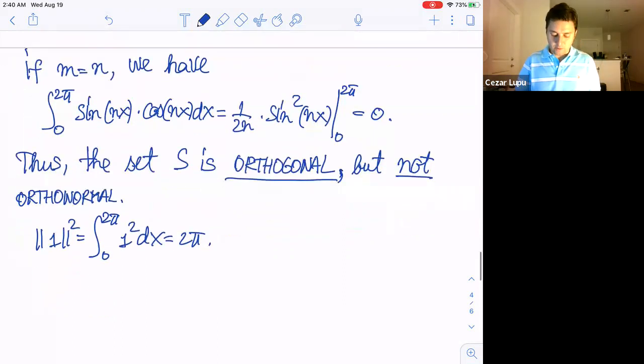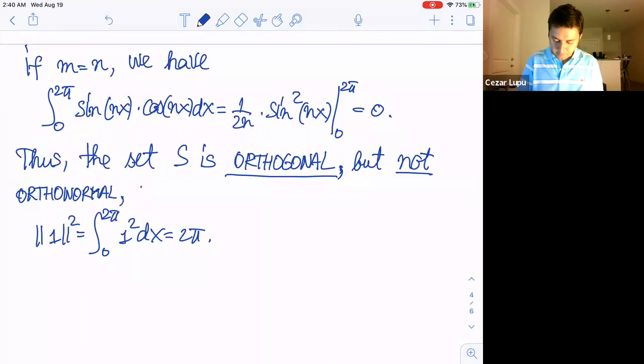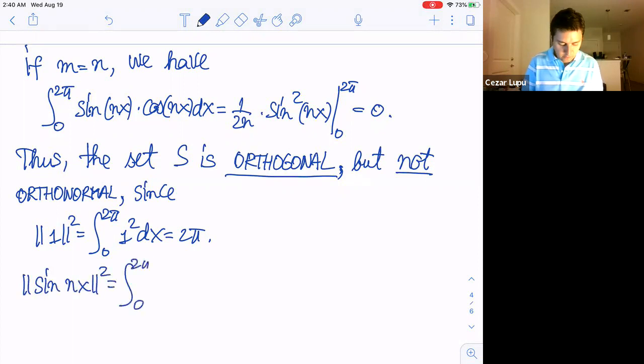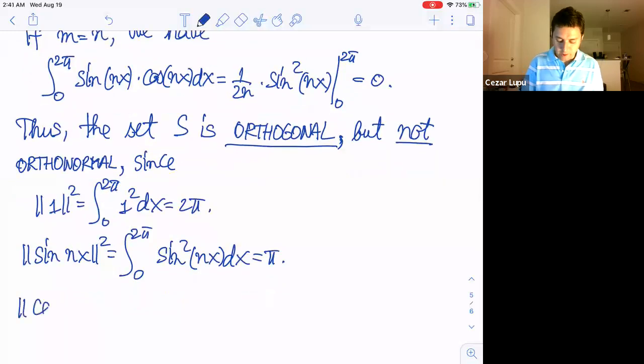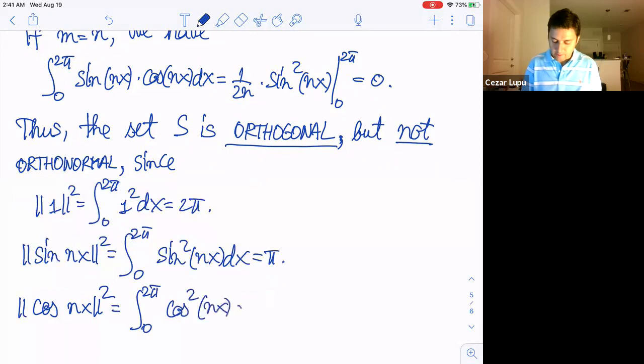More also, if you look at, let's say, the length of sine of nx squared, this will be the integral from 0 to 2 pi of sine squared of nx dx, and this will give you pi. Or if you want to look at the length of cosine of nx squared, this will be the integral from 0 to 2 pi of cosine squared of nx dx, which is again pi.